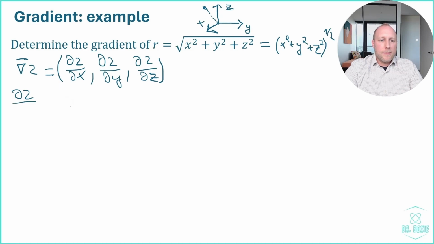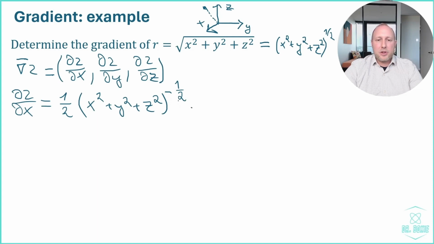For the first component, dr dx, we calculate it, we get the 1/2 that is in the exponent comes down, so we get 1/2, multiplied by the whole bracket x squared plus y squared plus z squared to the power minus 1/2, multiplied by the inner derivative because of the chain rule, which is 2x. And notice that the 1/2 and the 2 cancel out, so we're left with x divided by the square root of x squared plus y squared plus z squared.